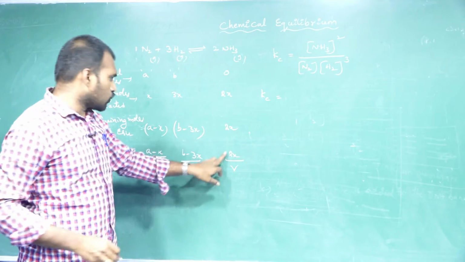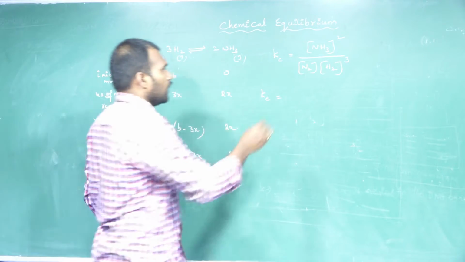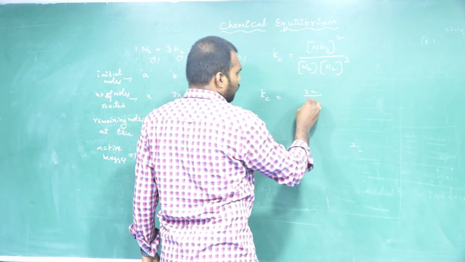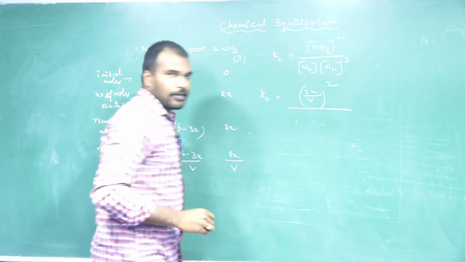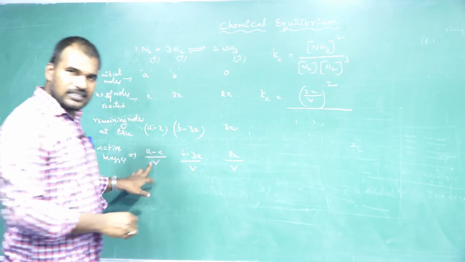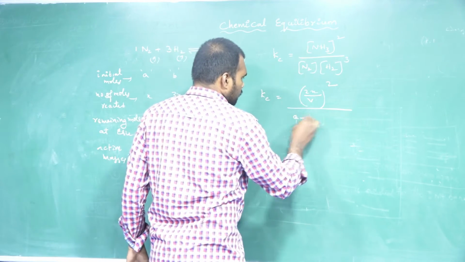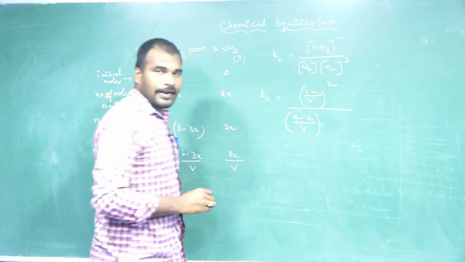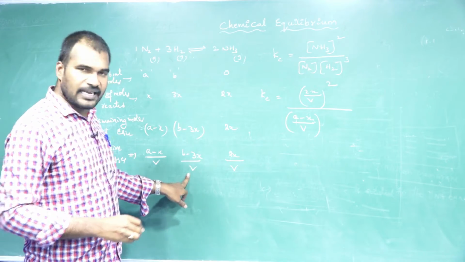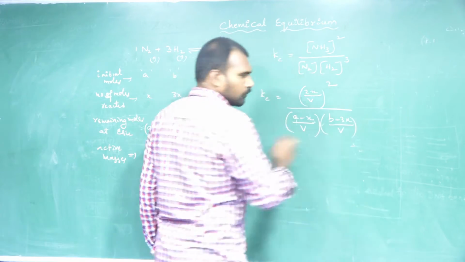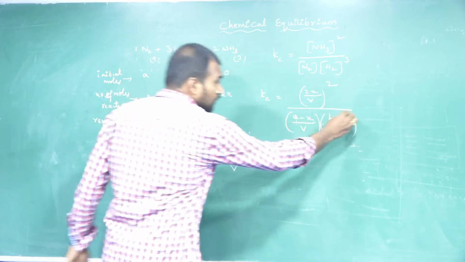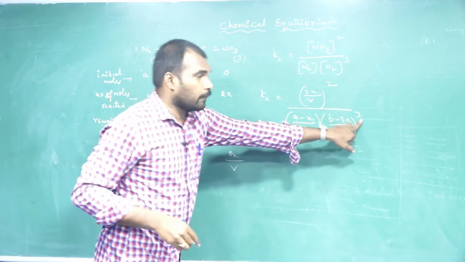Okay, now substitute the concentration values into Kc. NH3 concentration is 2x by V, so 2x by V whole square, and nitrogen concentration A minus x by V, and hydrogen concentration B minus 3x by V. Clear? Now, cube, don't forget this cube.